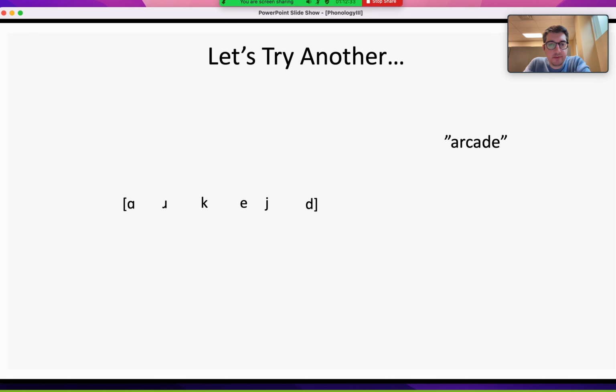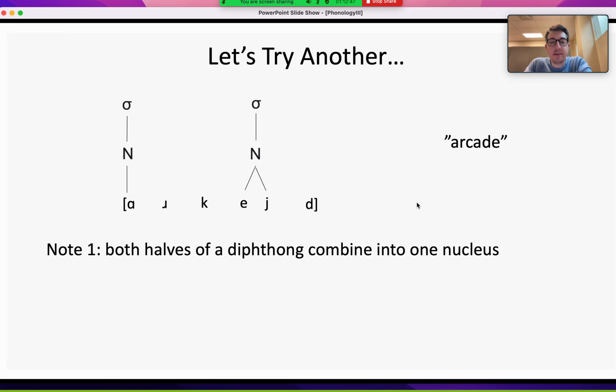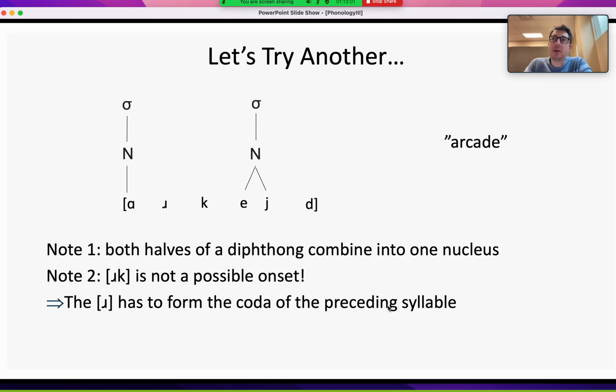Let's try another example. Let's try arcade. So arcade has presumably two syllables. The first nucleus is a, the second nucleus is a. Both halves of a diphthong combine into one nucleus. So a, y combine into one nucleus, like that. However, we know that rk is not a possible onset. Why is that so?